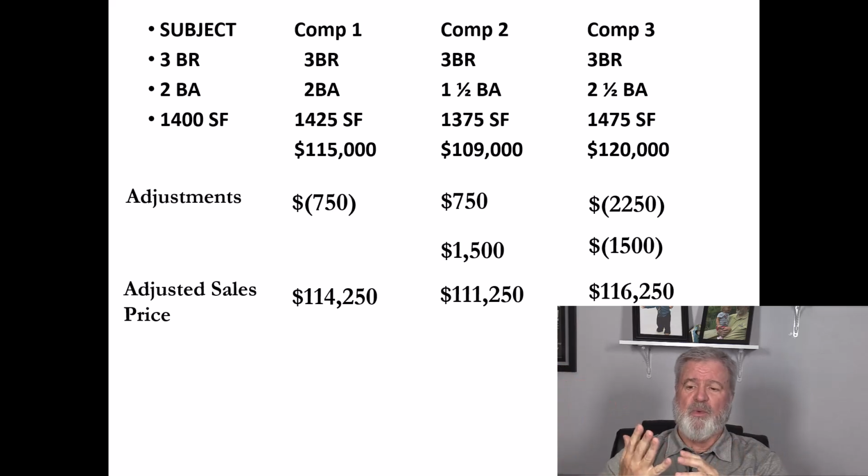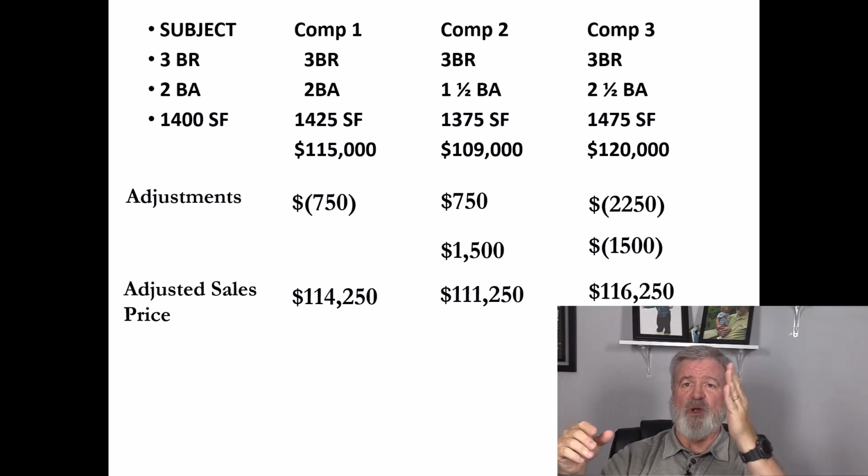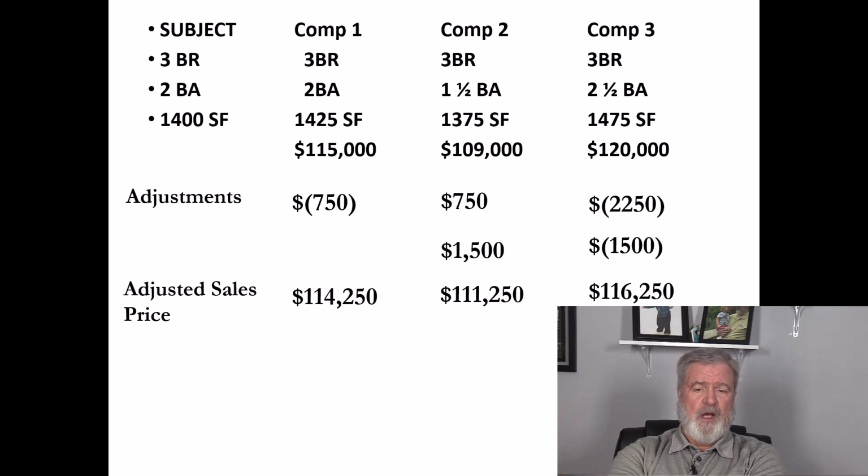You may wind up with somewhere, say, between $190,000 and $240,000. You could have a pretty big range between the comp that sold for the least amount versus the comp that sold for the most amount. So what we know is the subject property should be worth something somewhere in between that range, between the low side and the high side.